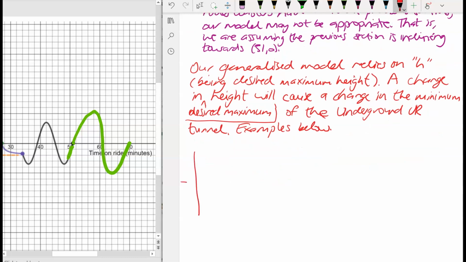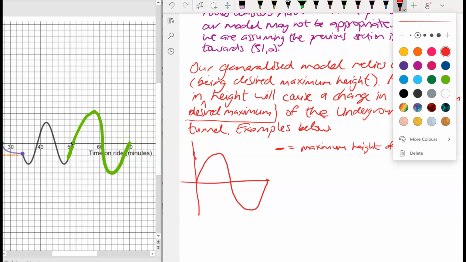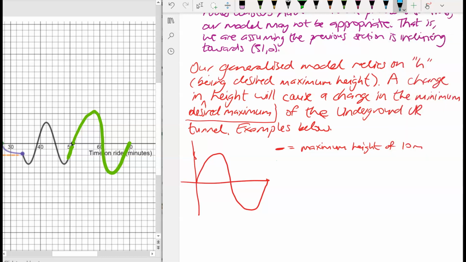So we've got our first graph. So red, maximum height of 10 meters. So let's change pen colors. Let's go for blue. And we'll call that 15 meters.